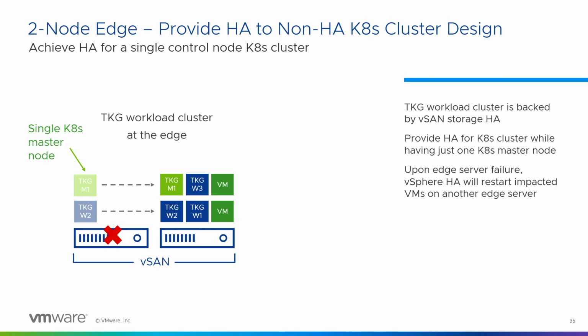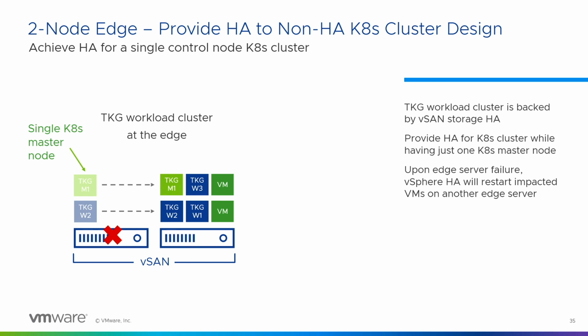So in this two-node design, if you're looking at Kubernetes or specifically TKG workload clusters that are deployed there, one thing to note is there's no need to create 3 control plane nodes in this case because you only have 2 nodes anyway, and you can't really meet the etcd quorum requirement, right?